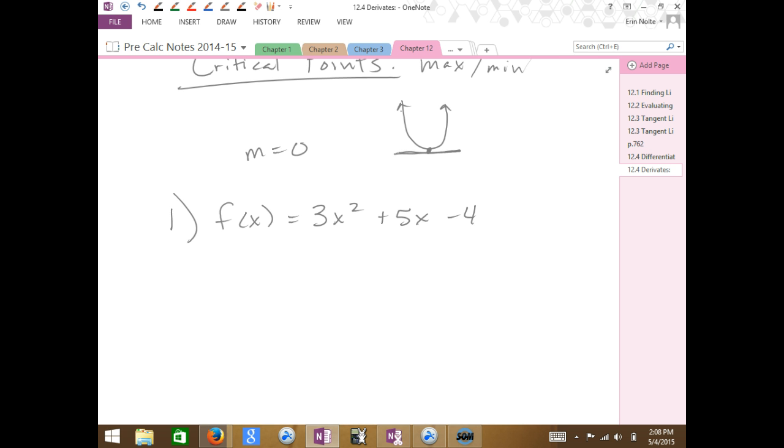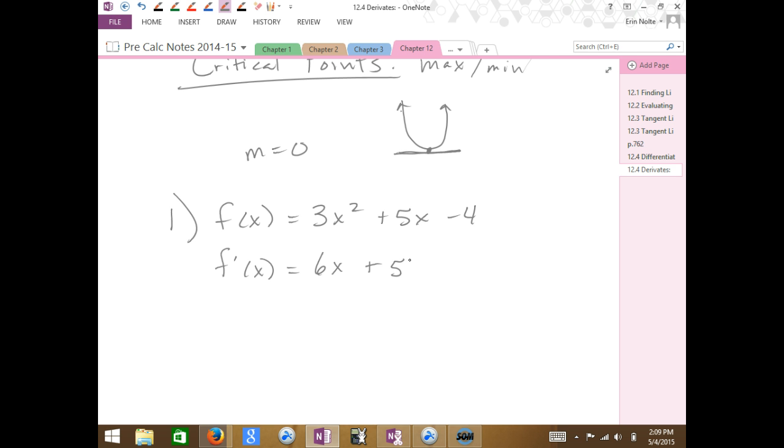So all I have to do is find the derivative of this. Let's do that real quick. What's the derivative of this? 6x. Yep, and then plus 5. So 6x plus 5 gives me the derivative at any spot.